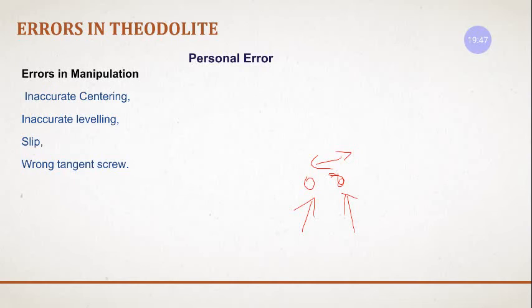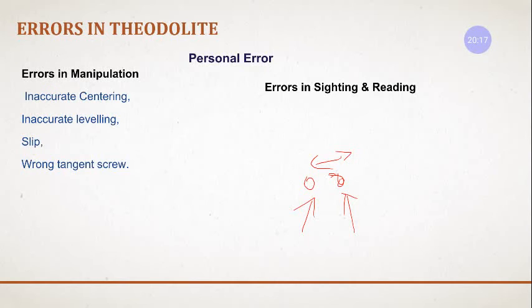Wrong tangent screw. If you use the wrong tangent screw at the wrong time, right? If you have to use the upper clamp and you are using the lower clamp, then that will lead to wrong readings, right? Now that is when you are working on the theodolite, when you are leveling it, when you are trying to adjust it.